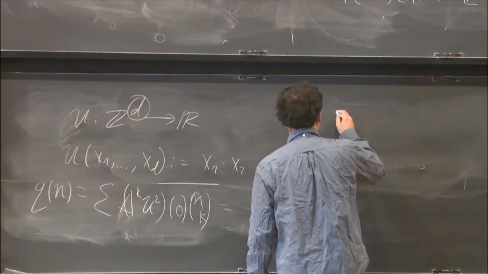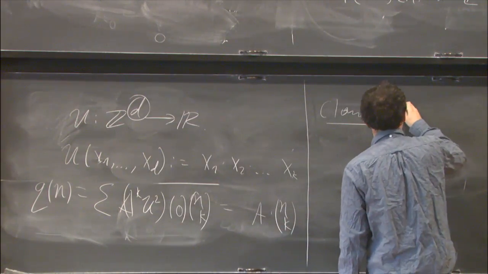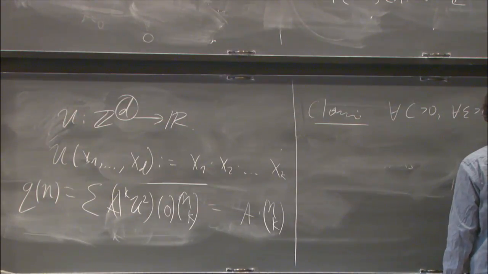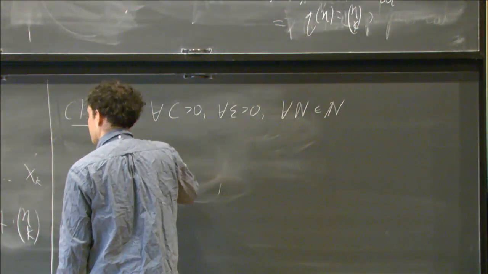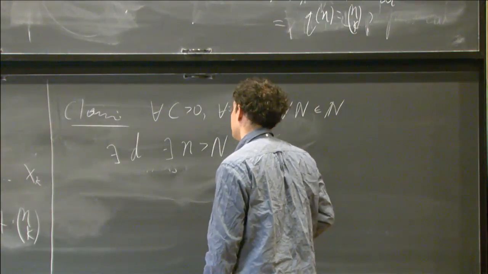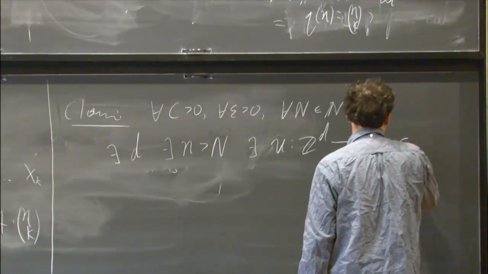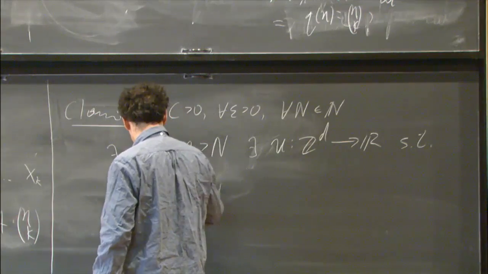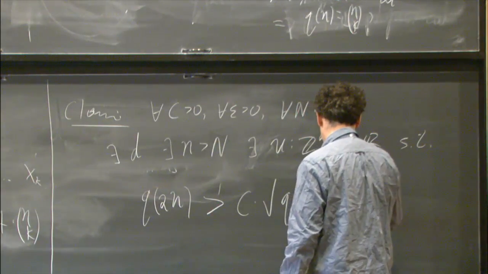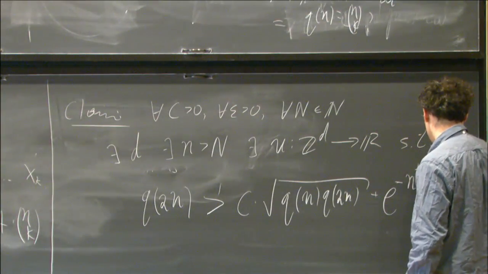So the claim is the following: for any positive constant, for any epsilon, and for any big natural number N, there exists a dimension d, and there exists a little n bigger than capital N, and there exists a harmonic function on Zd such that q of 2n is bigger than this constant times the square root of qn times q of 2n plus e to the power minus n to the power 1/2 plus epsilon.